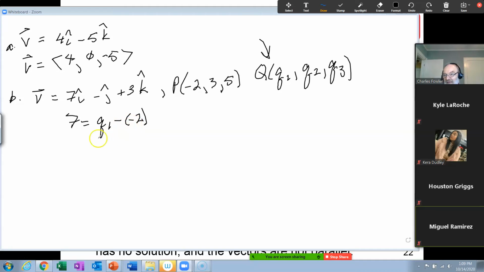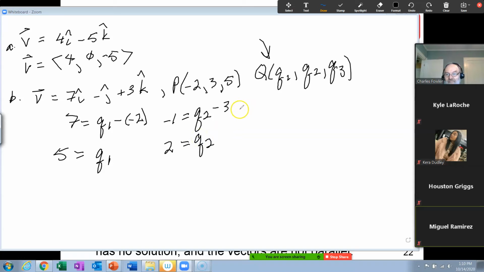Well, that means add a negative 2 to both sides, so your Q1 would be, add a negative 2, that would be a 5. We also knew that negative 1 would equal Q2 minus 3, minus the initial point. Add 3 to both sides, Q2 is equal to 2.